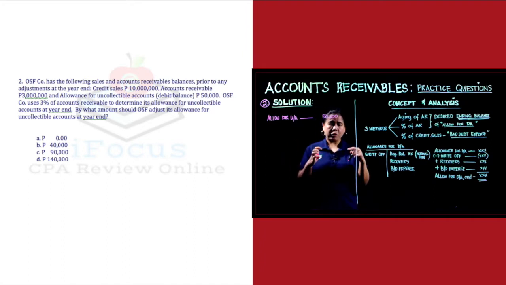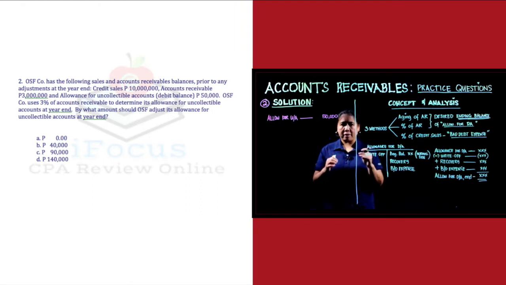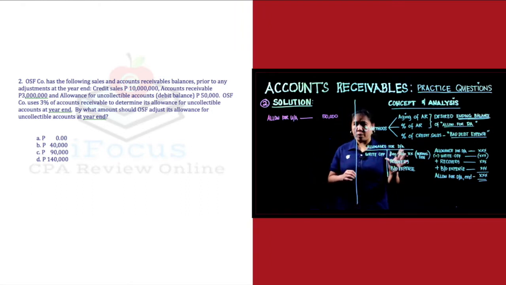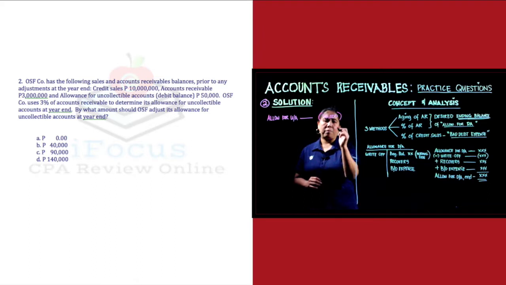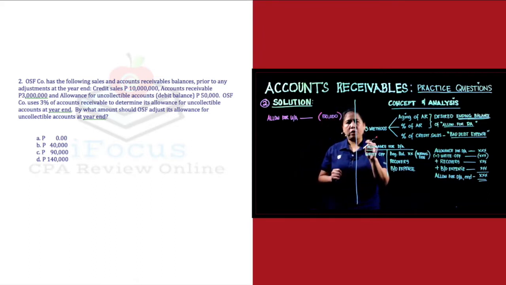Ang allowance for doubtful accounts or allowance for uncollectible accounts normal balance is supposed to be on the credit side. Dito sa problem na ito ay debit balance ang ating allowance for uncollectible accounts. So, ang ibig sabihin, dahil nasa debit side ang balance niya, ima-minus natin yan.